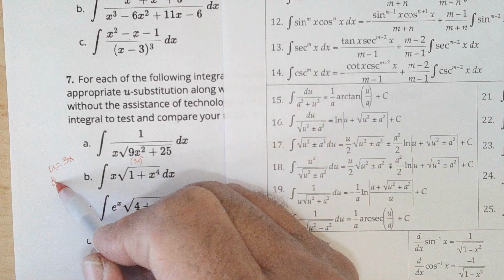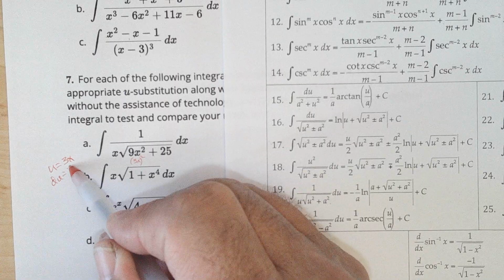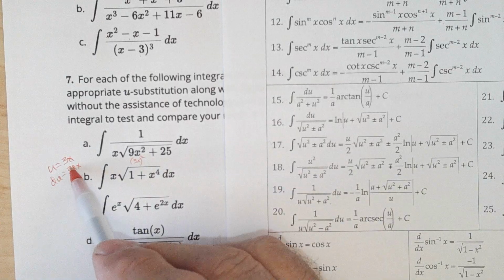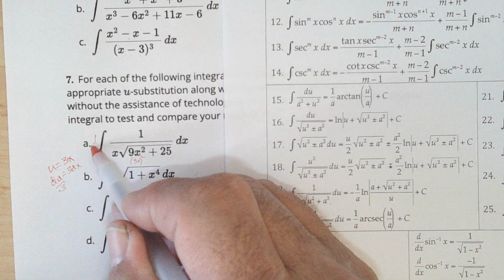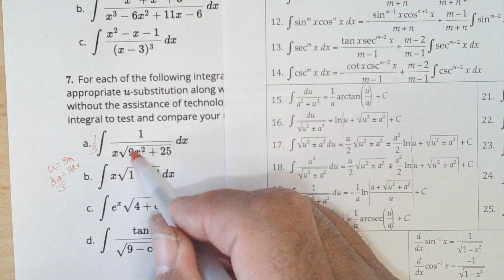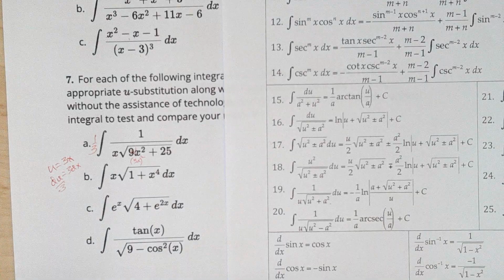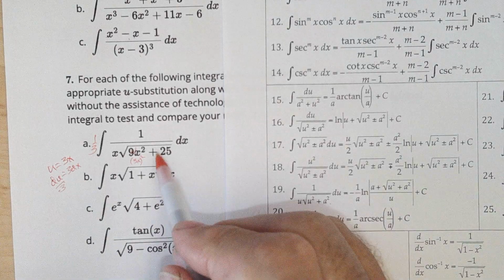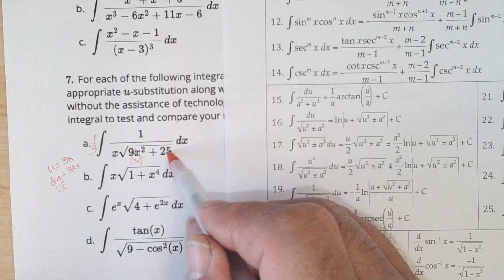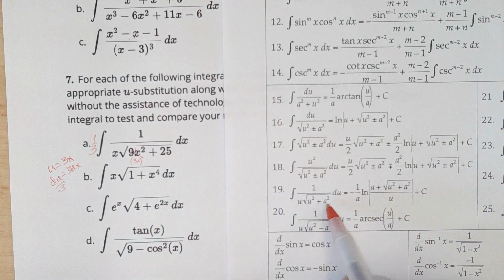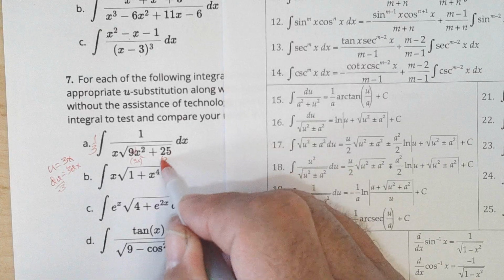So du would equal 3dx divided by the 3. So I'm going to get a 1/3 when I change this to u with u squared. And a from my formula will be 5.